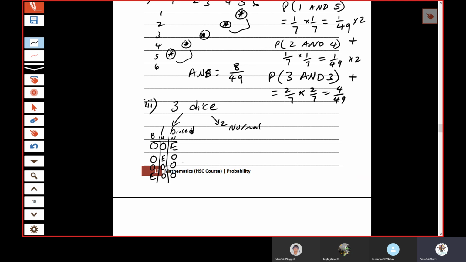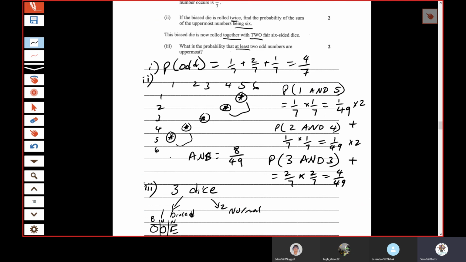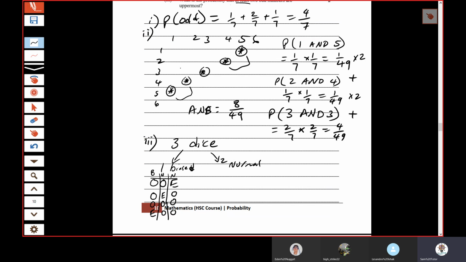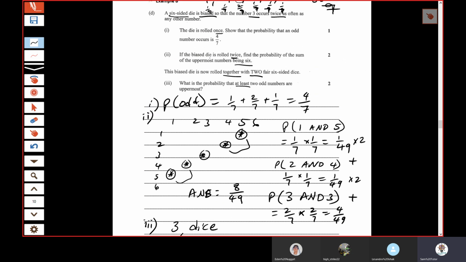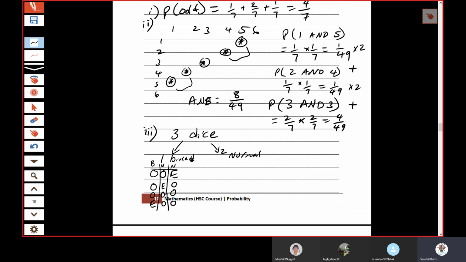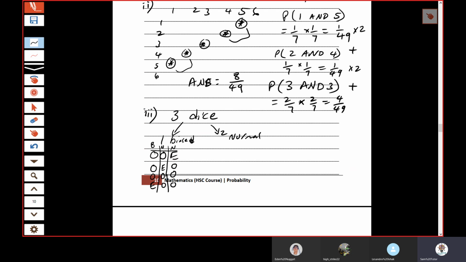So that's my logic. Now to get an odd, we've already worked out the probability of an odd number is 4 out of 7 if it's biased. So 4 out of 7 times odd in the normal one. Odd in the normal one will just be a half because it's normal.